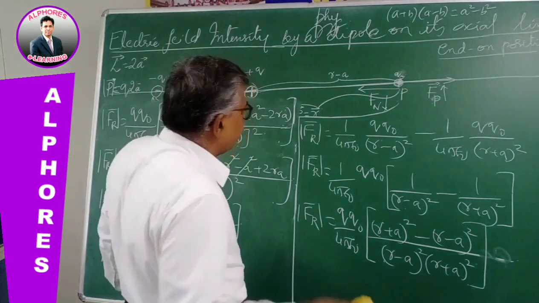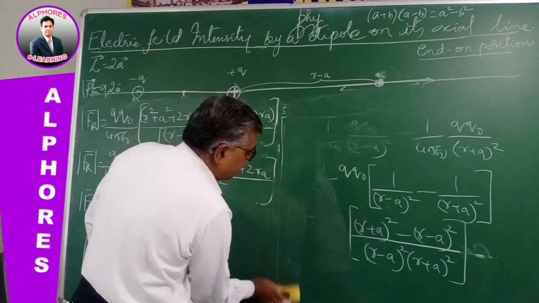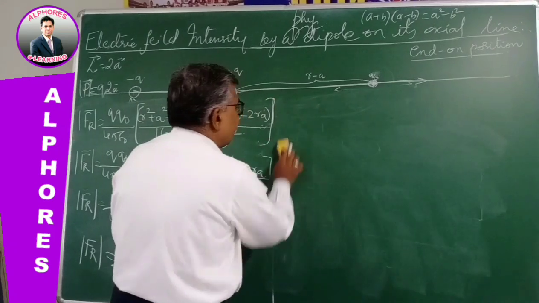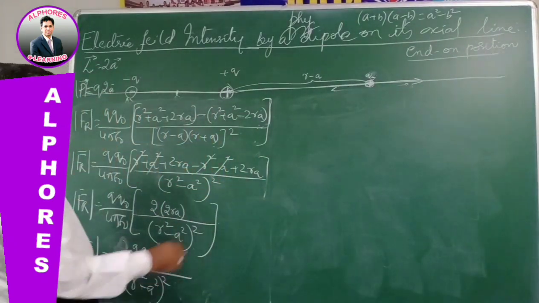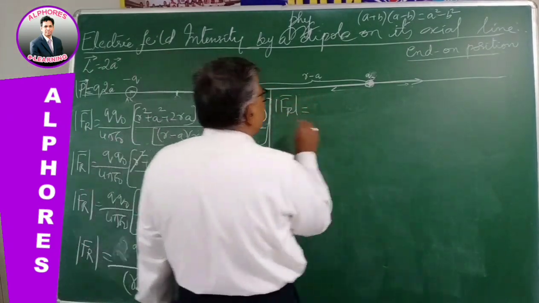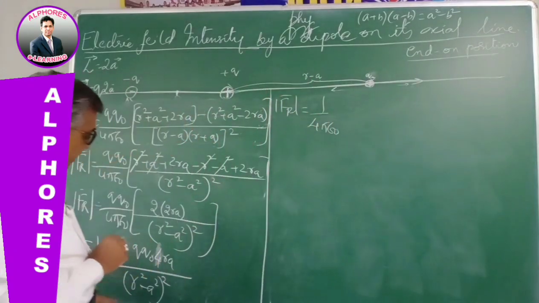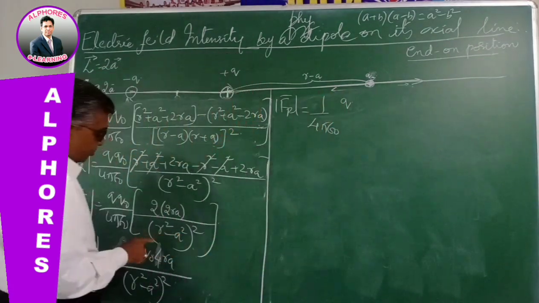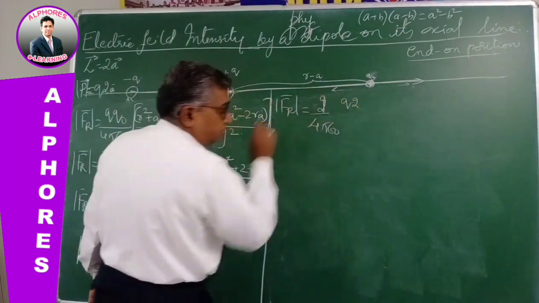Now still simplifying further, the resultant force Fr is equal to 1 by 4 pi epsilon naught. Let me write this as small q times, instead of taking 4, let me write 4 as 2 into 2.